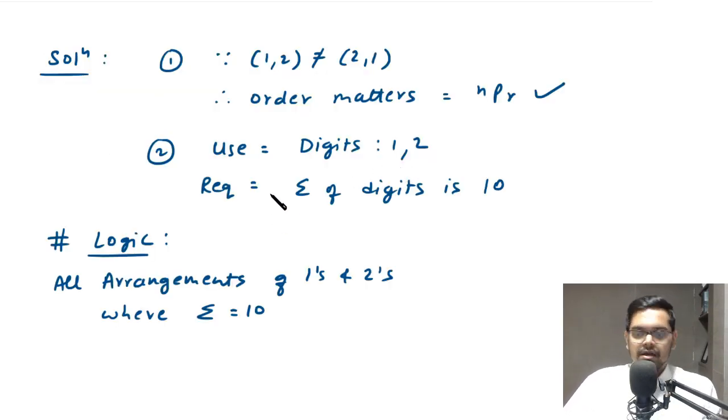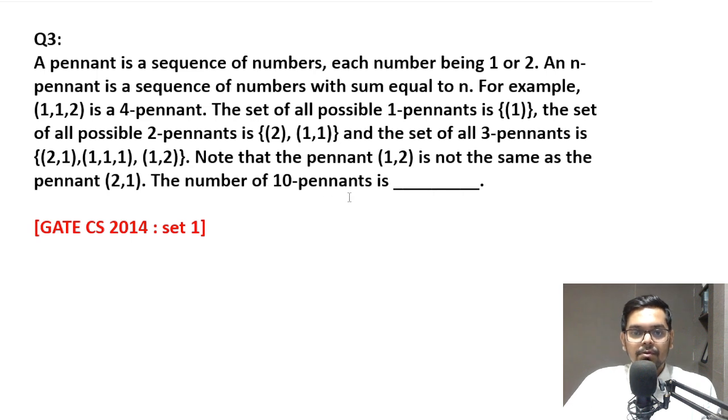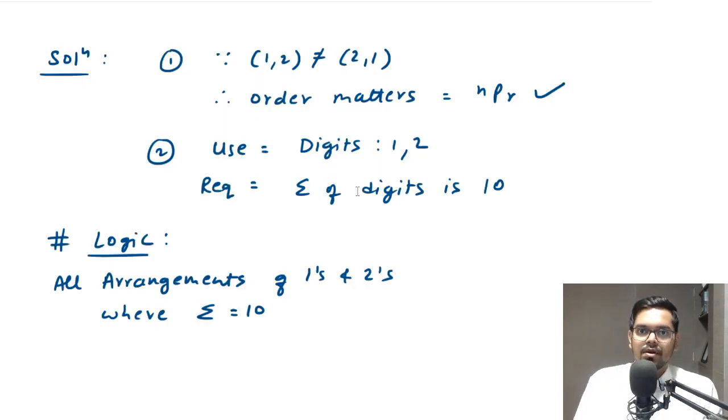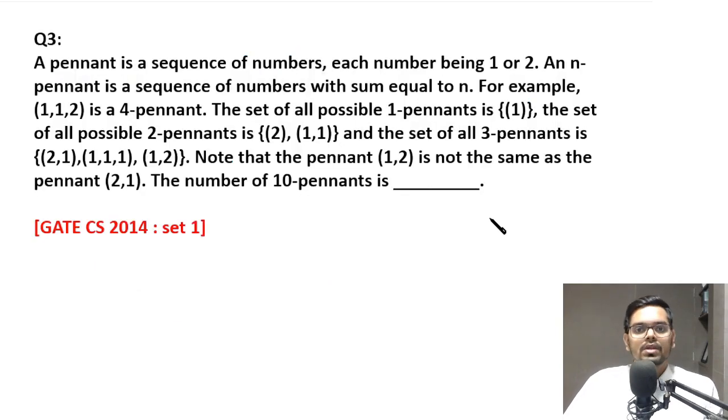And the requirement is we need the number of 10-pennants, which means ordered pairs such that the sum of the digits in that ordered pair is 10. So how many such ordered pairs can you generate? This is what the requirement is. You have to find the number of ordered pairs such that in each ordered pair the sum of the digits is 10. Now, how to think on the logic?